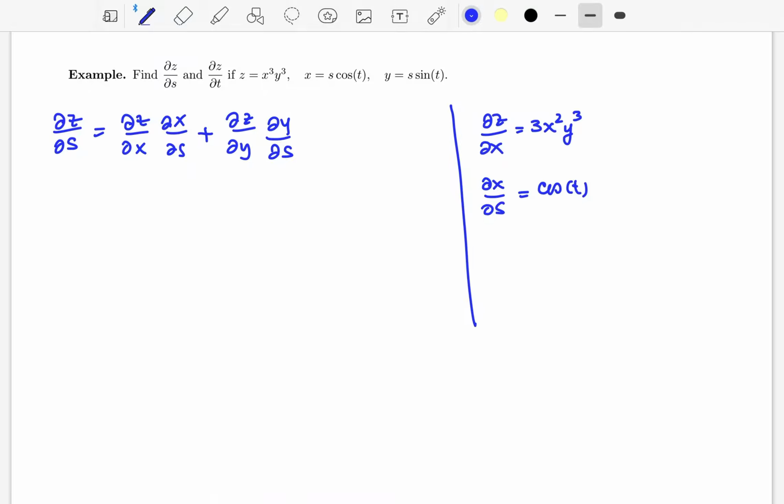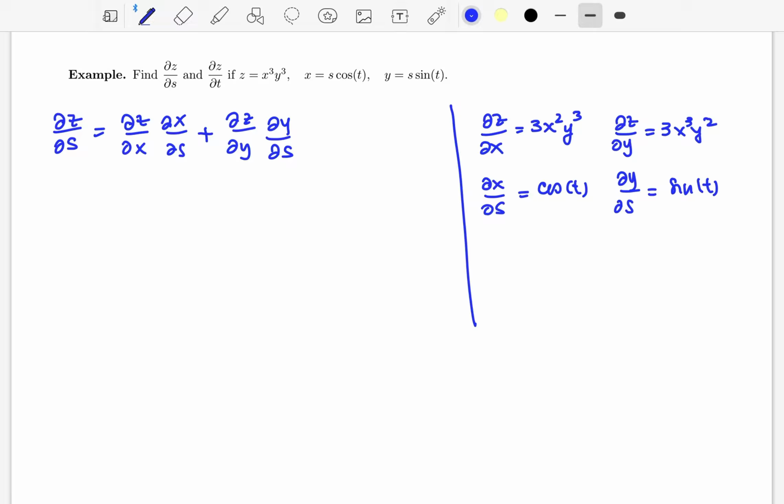Then dz/dy, I go to here and I treat x as a constant, so I get 3x cubed y squared. And then finally I have dy/ds, I treat t as a constant, so I get that this is just sine of t.